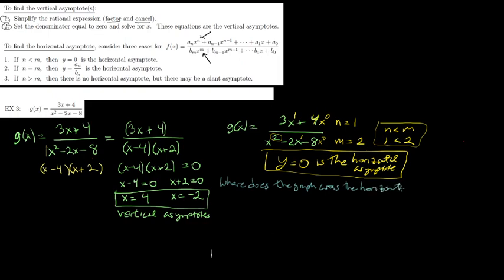And I should also say that they're never going to ask where the graph crosses the vertical asymptote. In fact, this is very important, so let me write this down. Graphs can never cross vertical asymptotes.